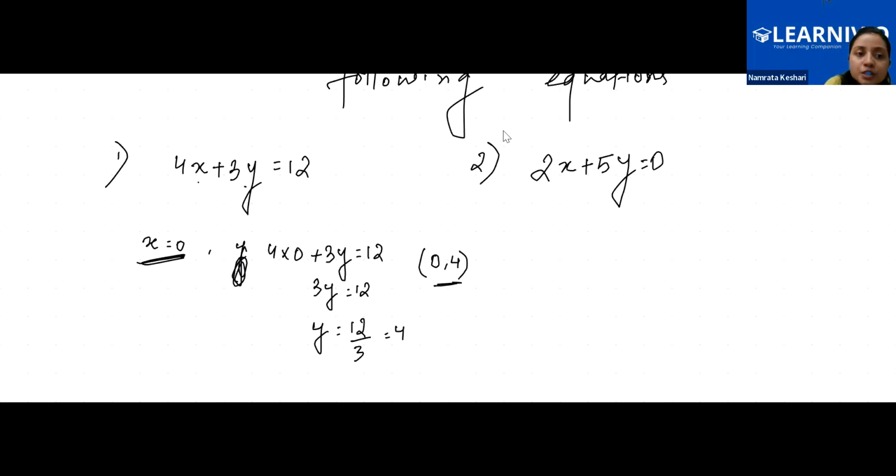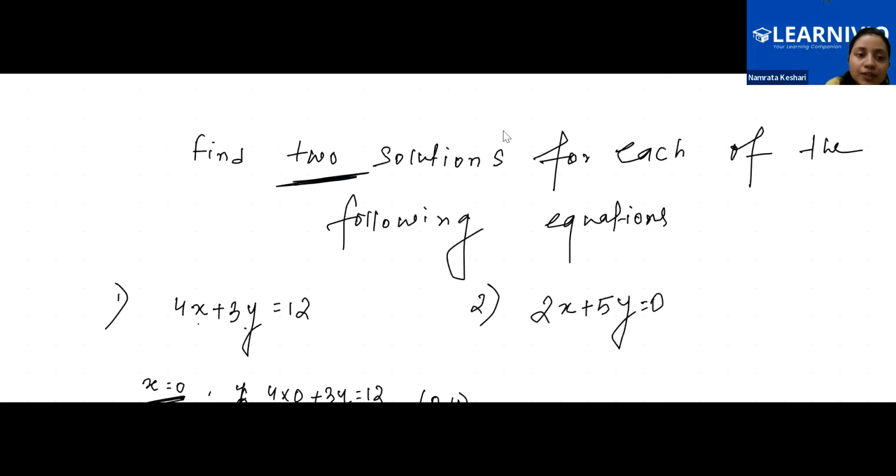Just for checking purposes, if we take only the left hand side, 4x plus 3y, and substitute the x value as 0 and the y value as 4, what will be the answer? Calculate it, Sara, Sazia and Ayan. 12. We get 12 only. Is that equal to our right hand side?